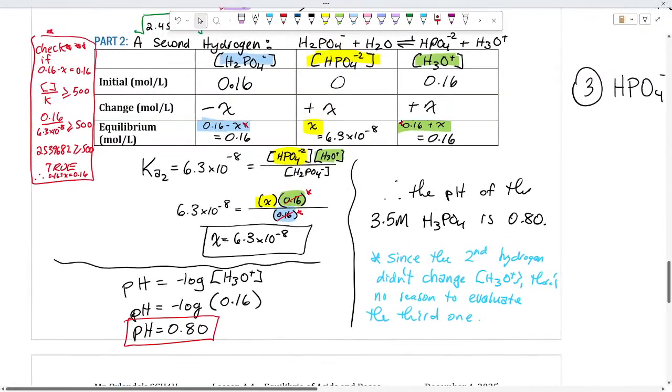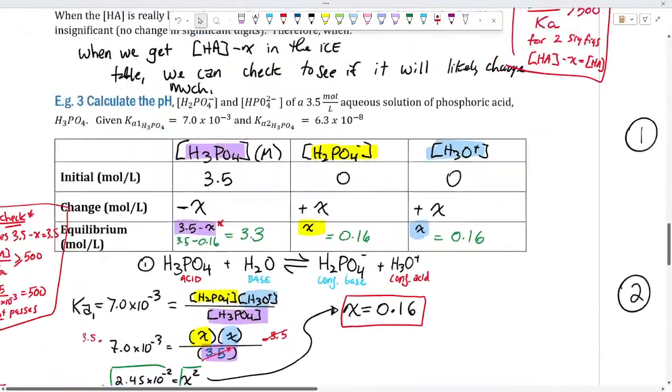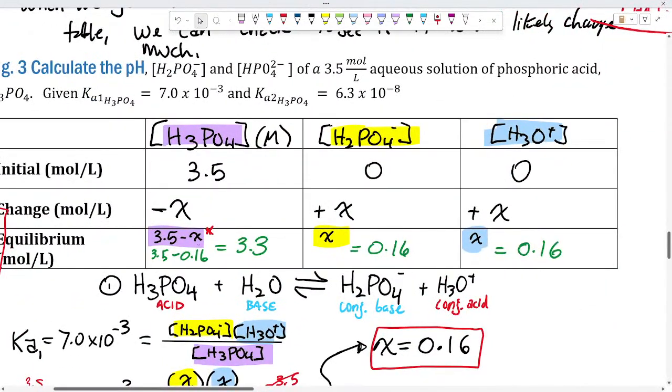Yeah. Like the second hydrogen did not change any of the concentrations. Would it be the same for every acid? Not necessarily, but usually. It is very rare to have an acid where by the third hydrogen it's releasing very much. Because even look at the first one. To be clear, the first one took 3.5 molar H3PO4 to get a measly 0.16 molar H3O+.